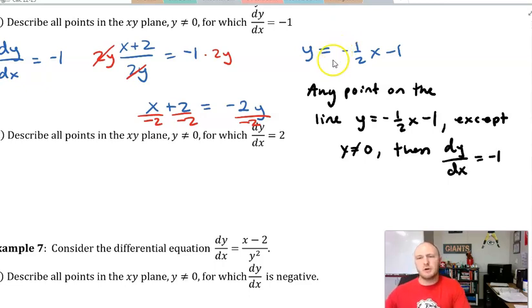So we're just describing all the points in the xy plane for which the slope is equal to -1. So all the points are on this line, y equals -1/2 x minus 1.